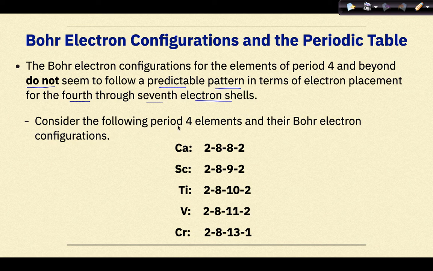Consider the following period 4 elements and their Bohr electron configurations as can be found on your periodic table. So calcium is 2, 8, 8, 2, scandium is 2, 8, 9, 2, titanium is 2, 8, 10, 2, vanadium is 2, 8, 11, 2, and then weirdly enough, chromium is 2, 8, 13, 1.